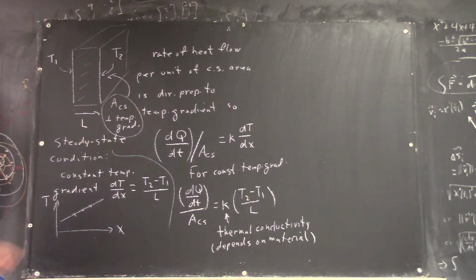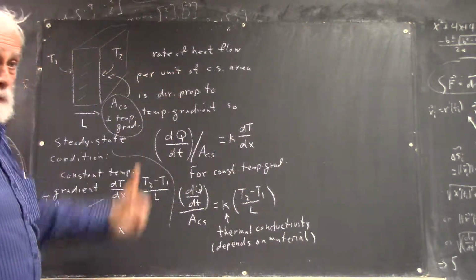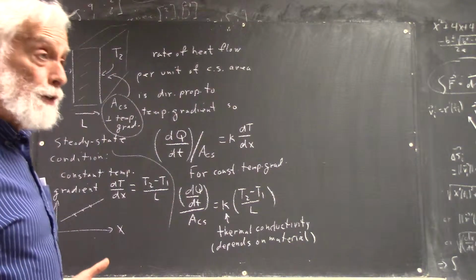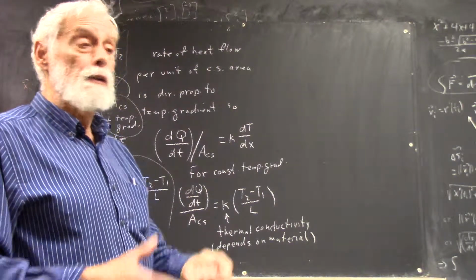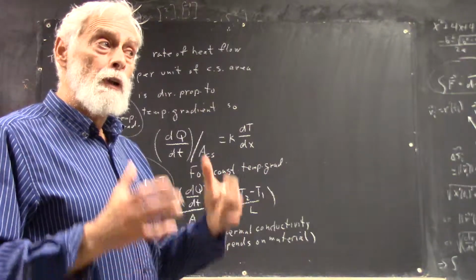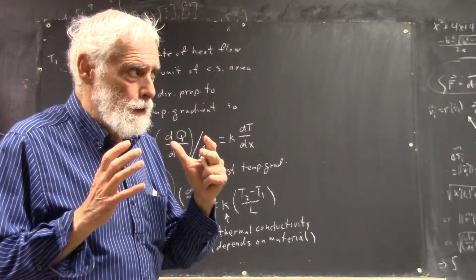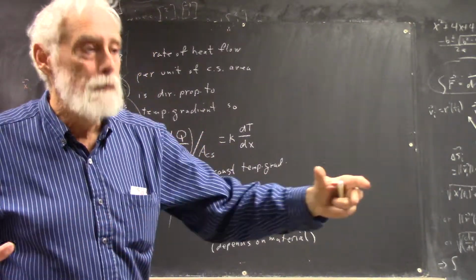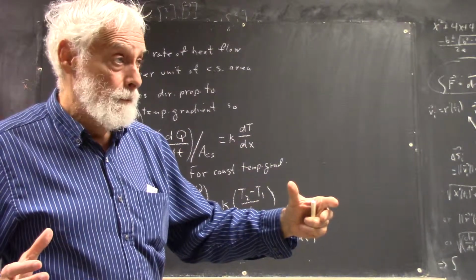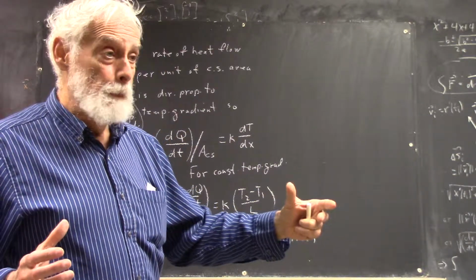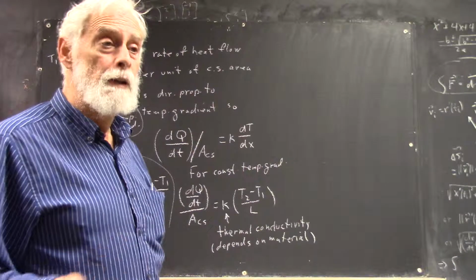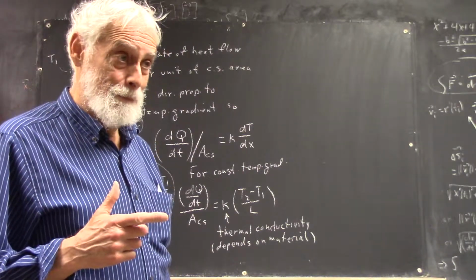There's your cross-sectional area, and it's perpendicular to the temperature gradient. Just as the cross-sectional area you use when you talk about current flow is perpendicular to the direction of the potential gradient.